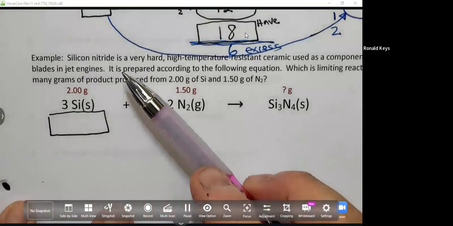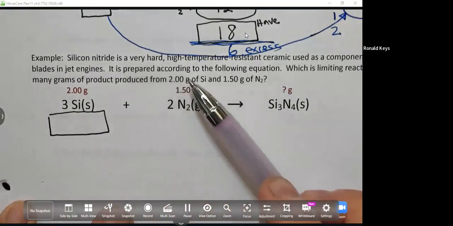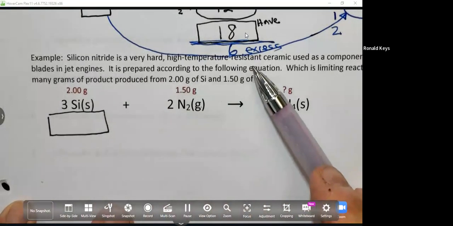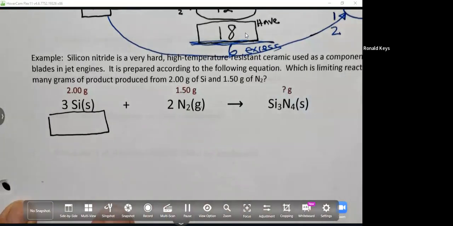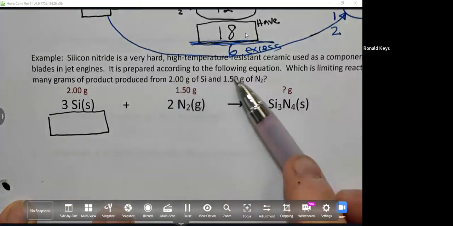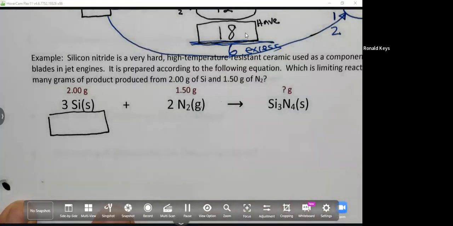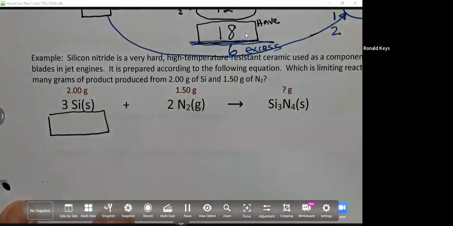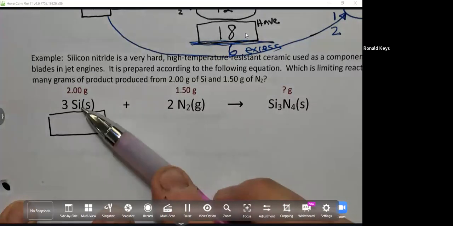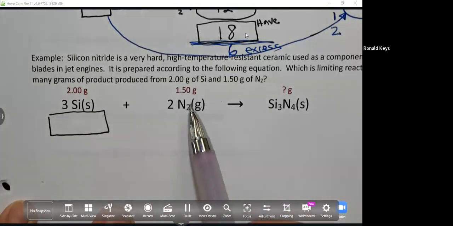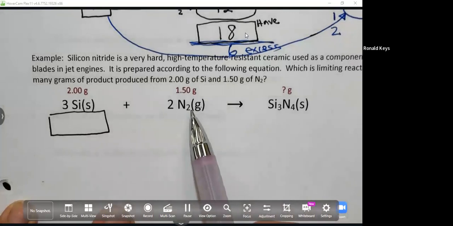Silicon nitride is a very hard, high temperature resistant ceramic used as a component of turbine blades and jet engines. It is prepared according to the following equation. Which is the limiting reactant? How many grams of product are produced from 2 grams of silicon and 1.5 grams of nitrogen?